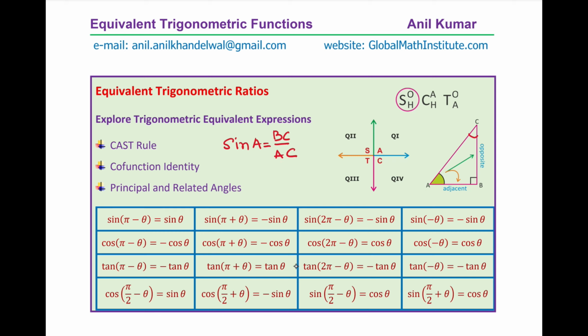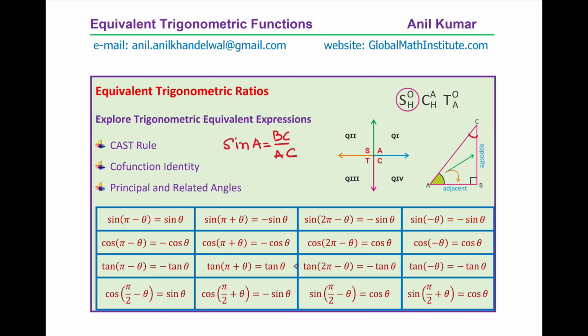Now it happens that tan will be related with cotangent, and their reciprocal ratios will also be related. That gives you the set of formulae written here: cos of pi by 2 minus theta is sine theta, and cos of pi by 2 plus theta will be minus sine theta. Why? Well, pi by 2 plus theta brings us to quadrant 2, and now you look at the CAST rule.